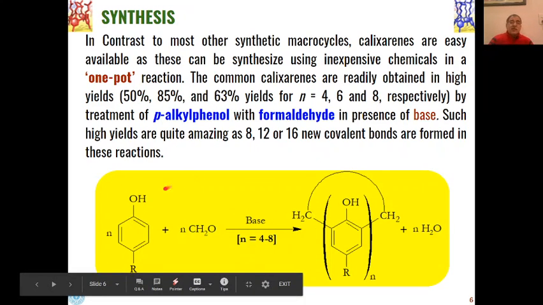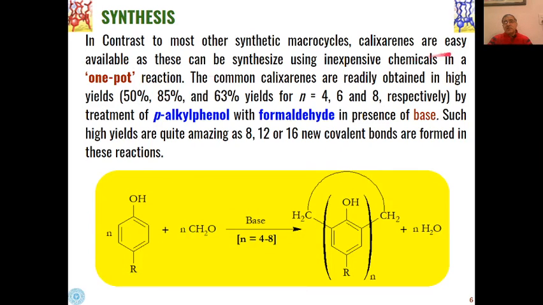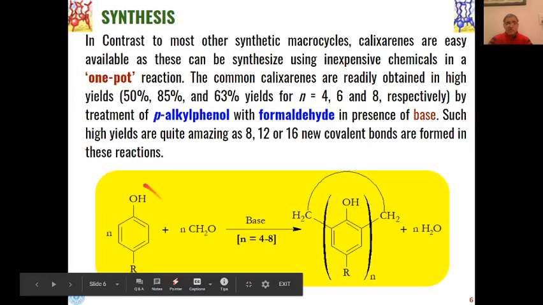Then for synthesis, they are easily available, as they can be synthesized using inexpensive materials through a one-pot reaction. Basically, we have to condense the phenols with formaldehyde in the presence of a base to give different types of calixarenes.